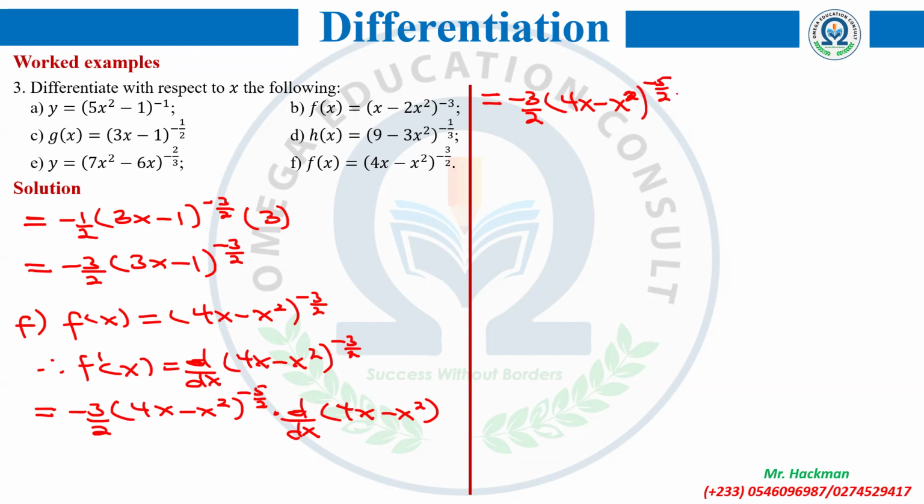Minus 5 on 2. Then times d dx of 4x minus x squared, which is 4 minus 2x. Hey, be careful. All right, 4 minus 2x.